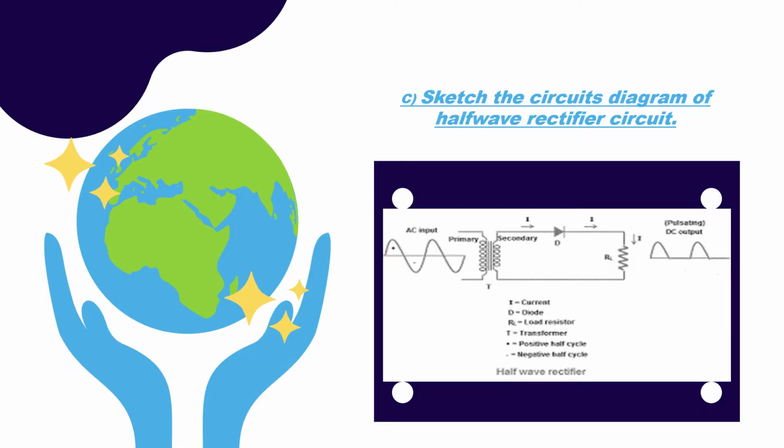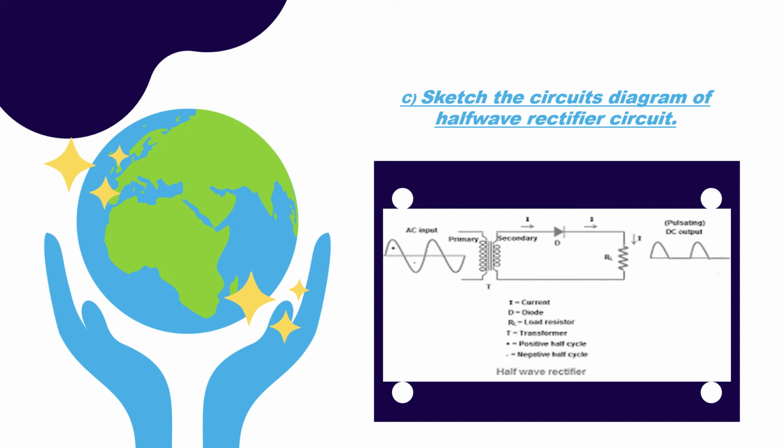Next question, C. Sketch the circuit diagram of the half-wave rectifier circuit. From this picture, we can see I1 is a current, D is a diode, RL is the load resistor, T is the transformer, and the symbols show the positive half cycle and the negative half cycle.